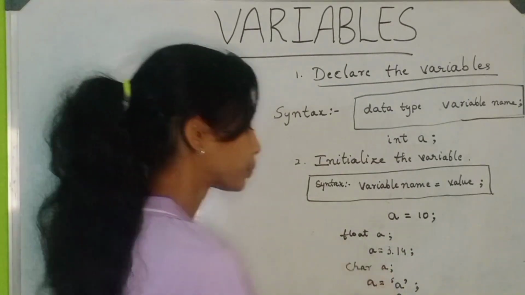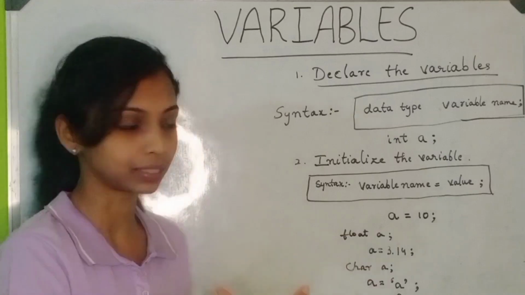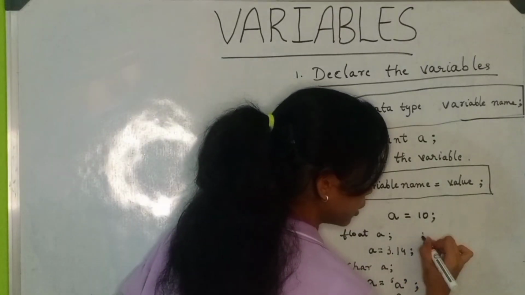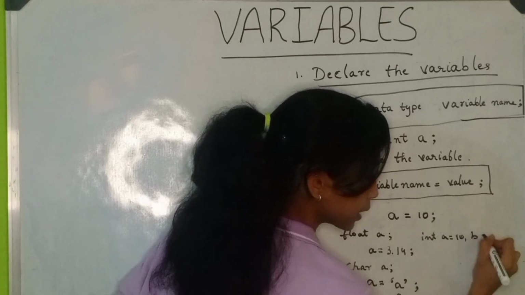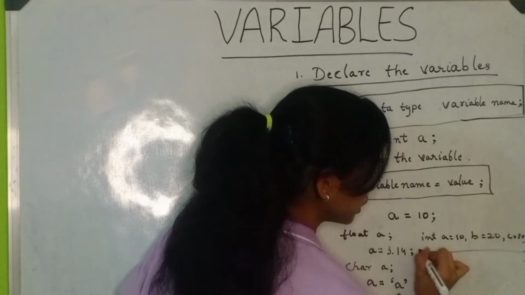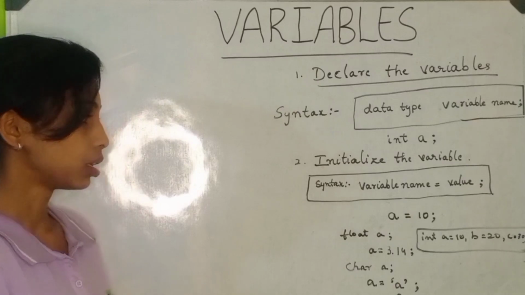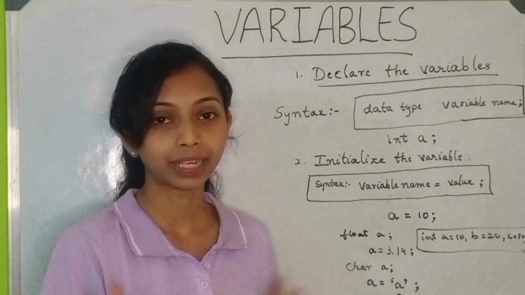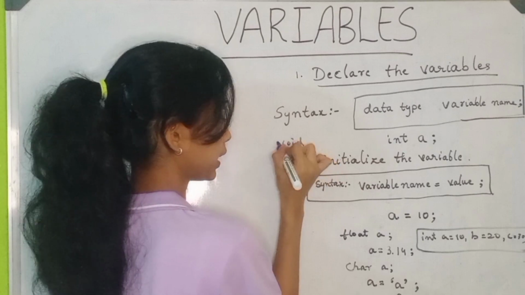And we can also initialize many variables in a single line. For example, you can do it like this: int a is equal to 10, b is equal to 20, c is equal to 30, and close it with a semicolon. This is initializing many variables in a single line. And you cannot use the data type void to declare any variables.